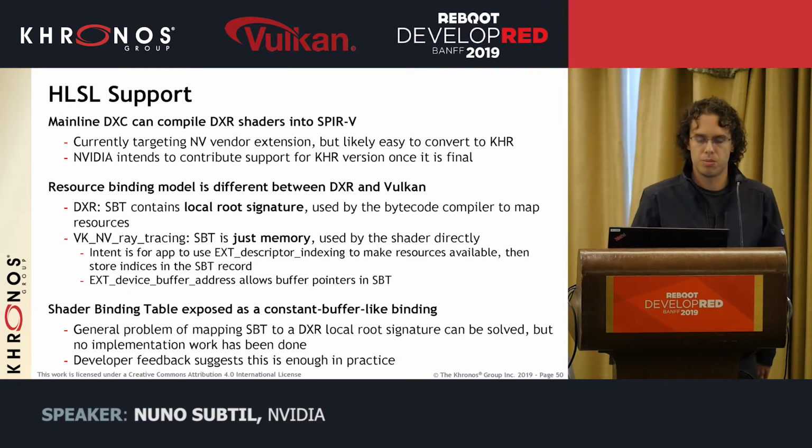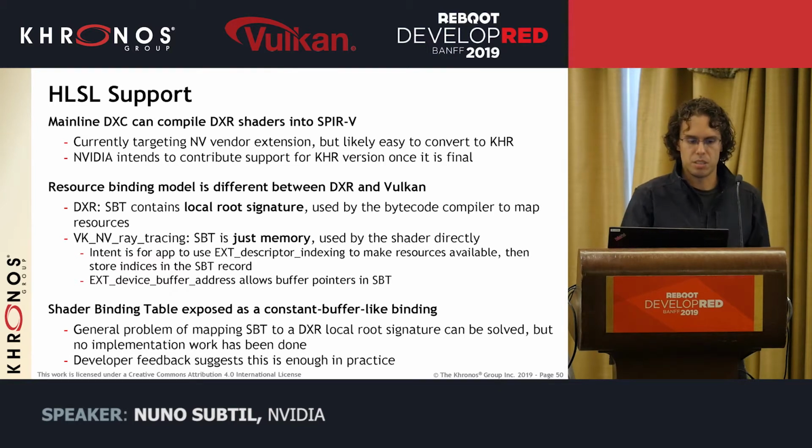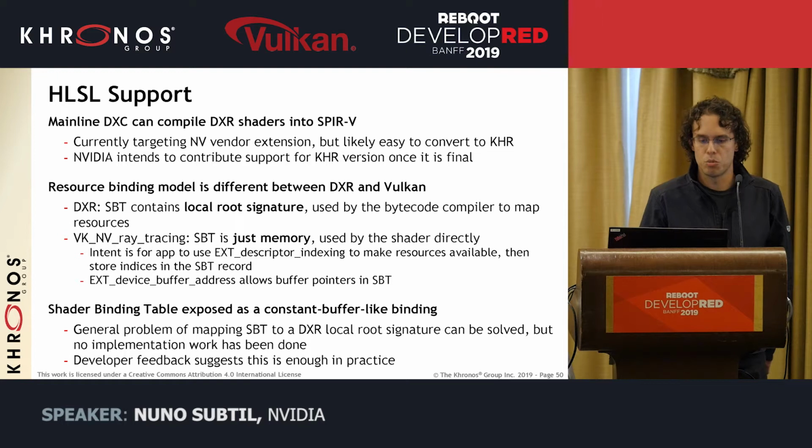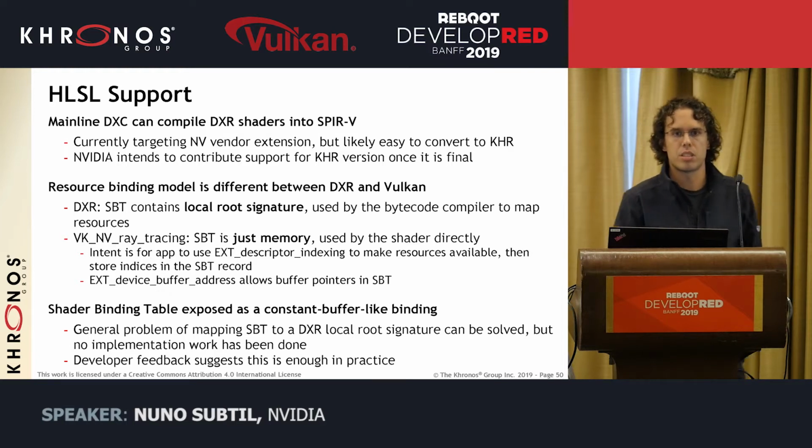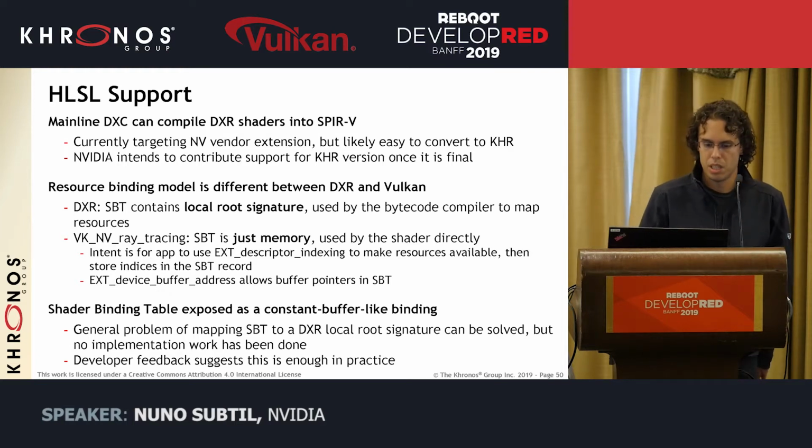This is because we've gotten feedback from various ISVs that are trying out ray tracing and implementing ray tracing in their applications, especially for applications coming from DXR to Vulkan. The feedback we got so far is that this isn't actually required in practice. Most applications seem to use the local root signature to just store constant data, and they seem to do indexing into global arrays anyway, despite the fact that DXR allows you to stash resources directly in the SBT.